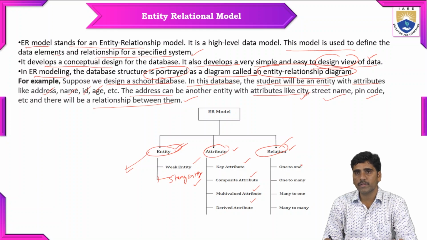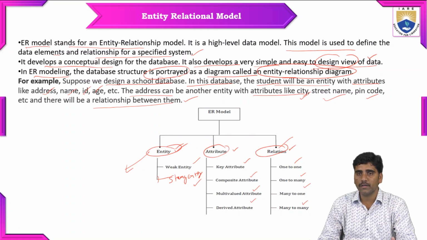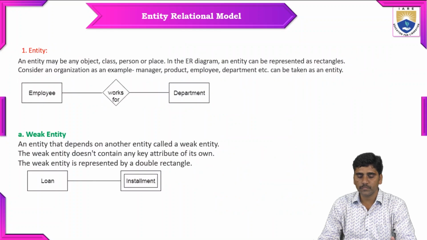And the relations exist as one-to-one, one-to-many, many-to-one, and many-to-many relationships. So the different forms of elements are structured in the ER model. Let us discuss each one by one: entity and its types, attribute and its types, and relation and its types.